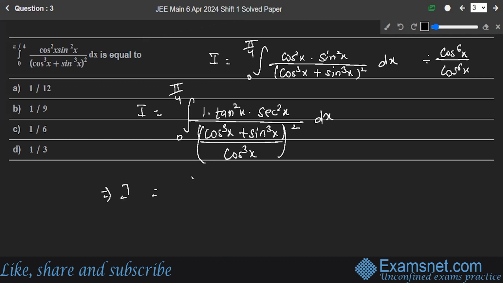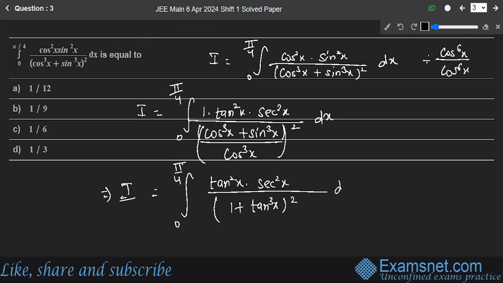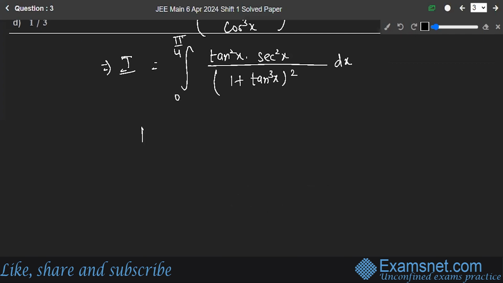That means I is equal to limits 0 to pi by 4 tangent square x secant square x divided by 1 plus tangent cube x whole square. Now let's put tangent x equal to t.